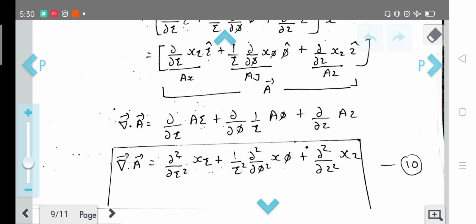So we have got the Laplacian for three coordinate systems: for the Cartesian coordinate system, for the spherical coordinate system, and for the cylindrical coordinate system.